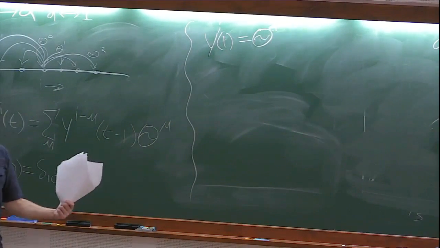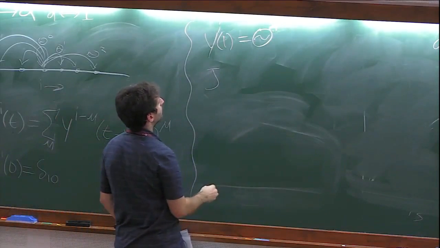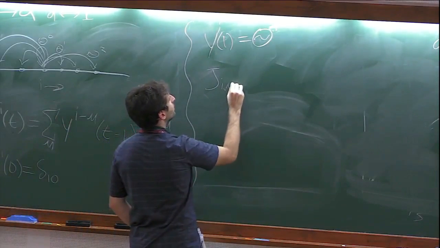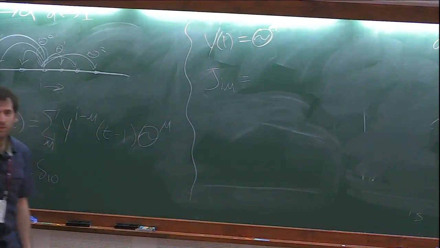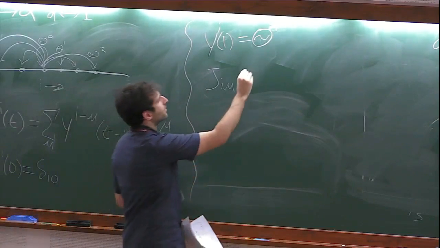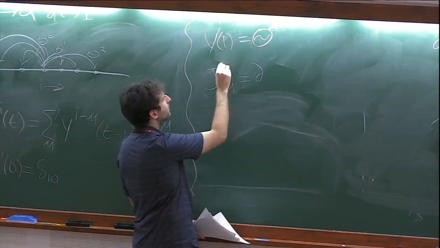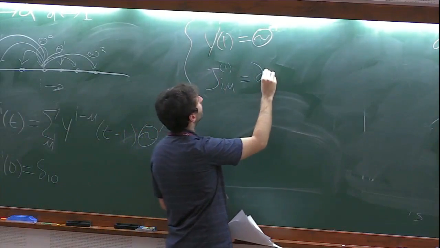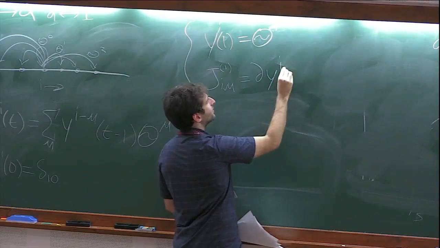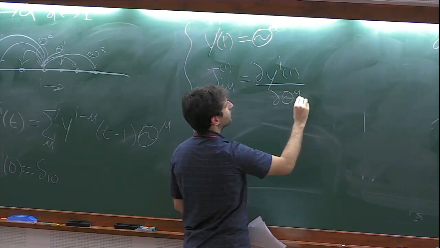And we can easily calculate the Jacobian for this. So what is the Jacobian here? Let me call this the Jacobian after one time step. So this is dy_i(1)/dtheta_mu.